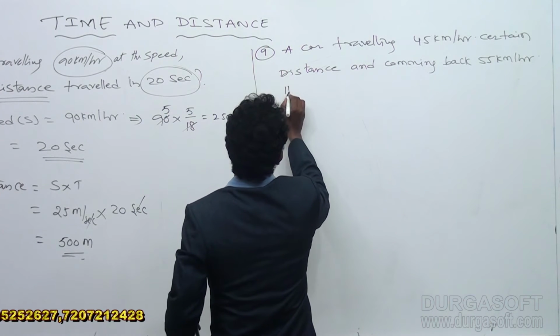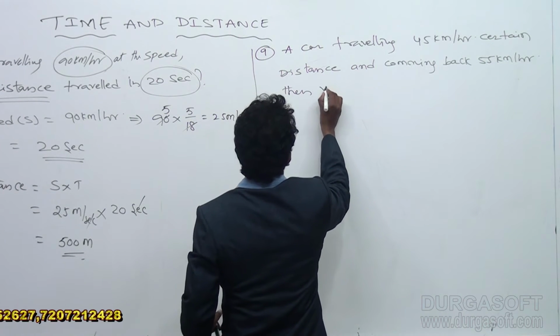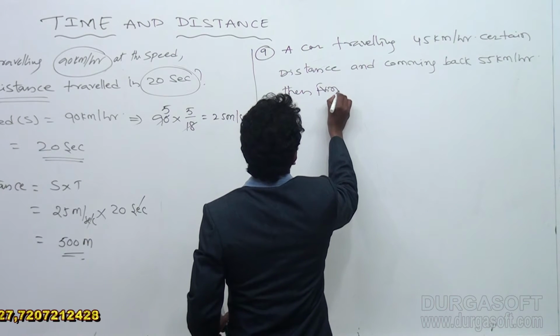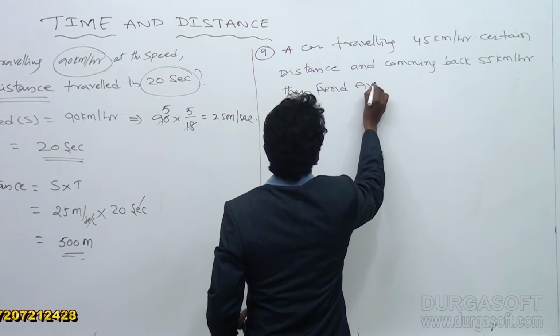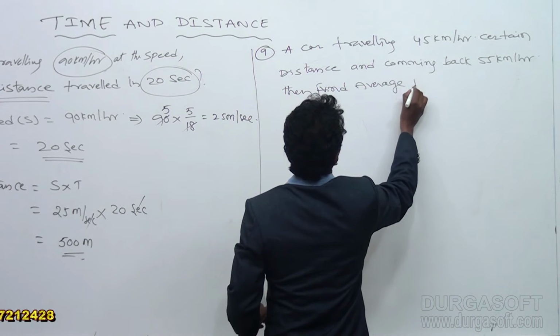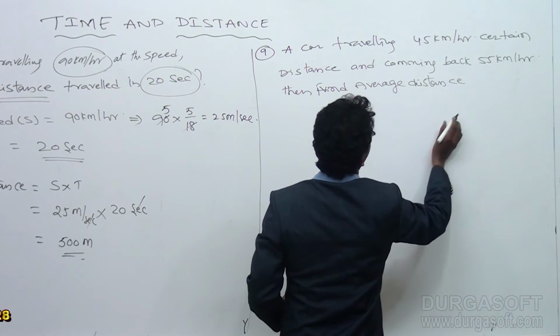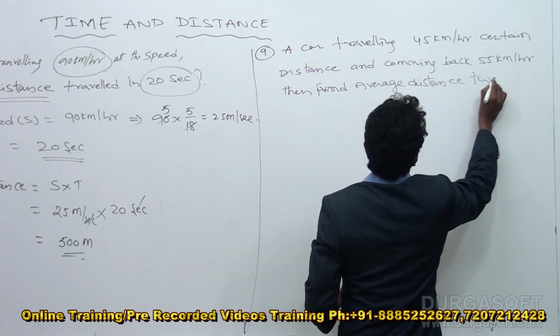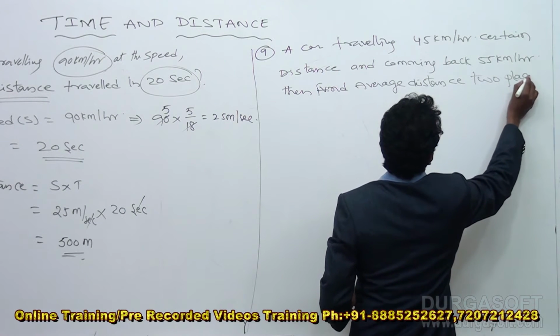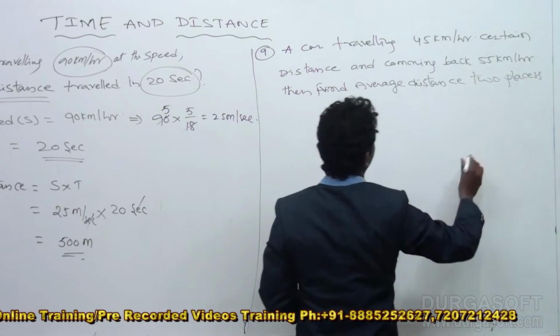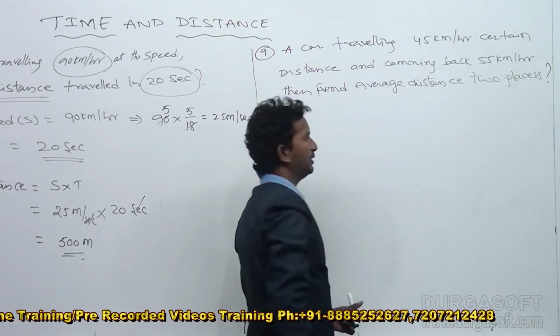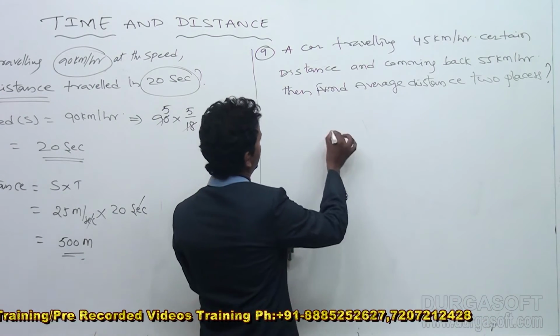Then find the average speed for the two places.